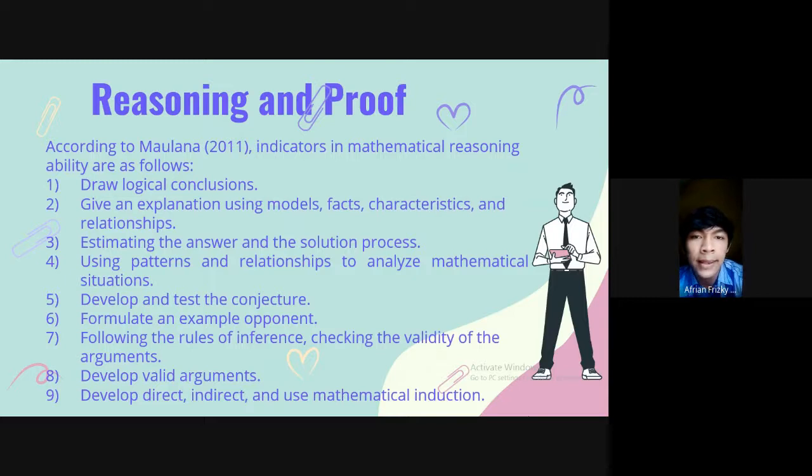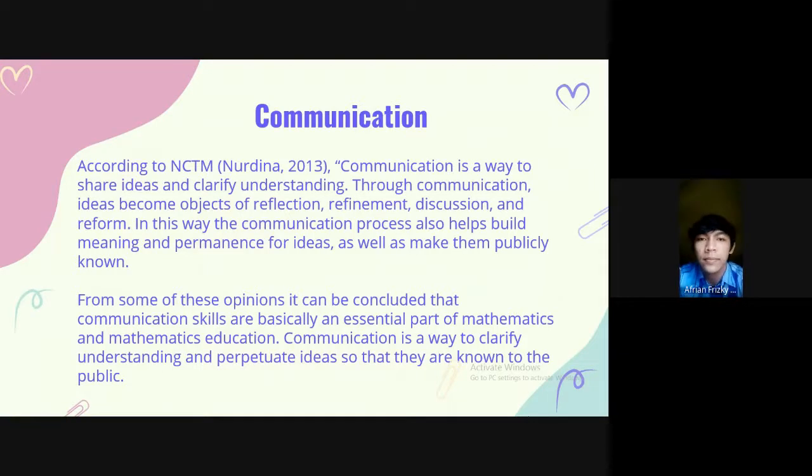And then estimating the answer and the solution process, using patterns and relationships to analyze mathematical situations, develop and test the conjecture, formulate an example opponent, following the rules of inference, checking the validity of the arguments, develop valid arguments, and the last is develop direct, indirect, and use mathematical notation. I mean induction.